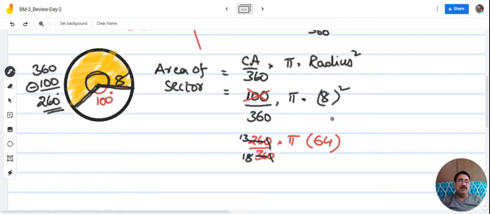That gives me 832 over 18. I can divide both by 2, so it is 416 over 9. After the cancellation, it is 416 over 9 pi, whatever the units are, square units.